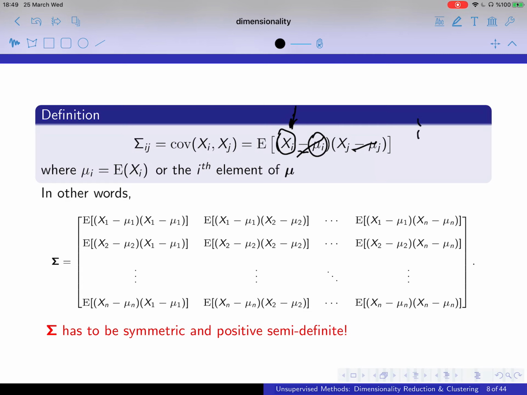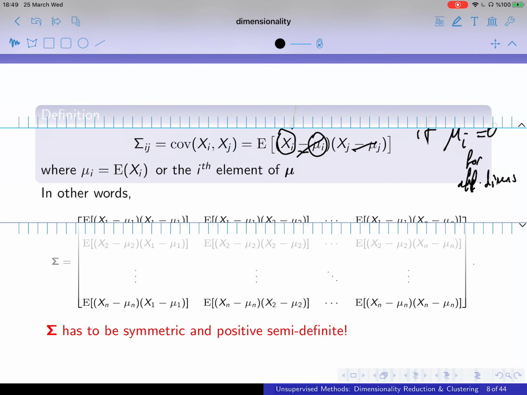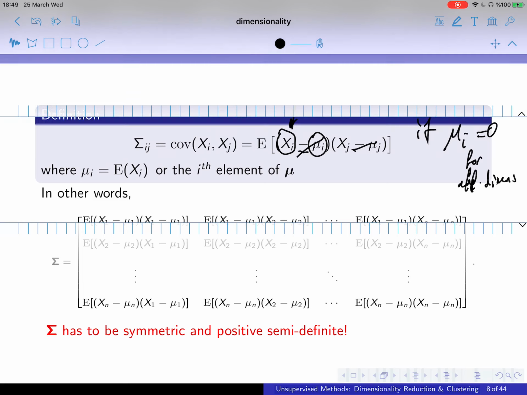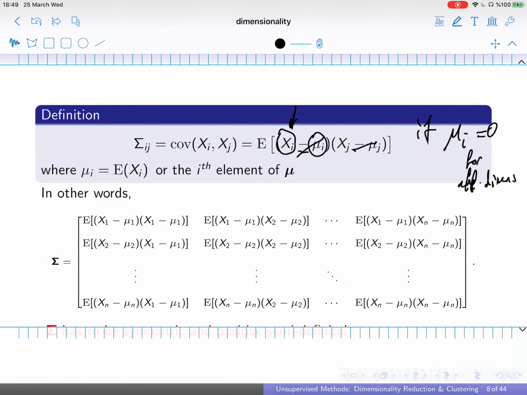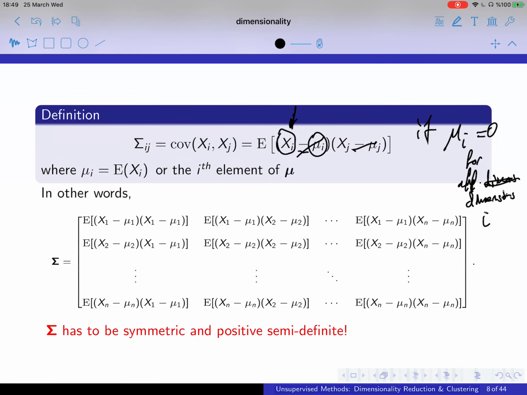So if mi is equal to 0 for any, well, rather all dimensions xi, so for all of your dimensions, if the mean value for that dimension is 0, then you're good.